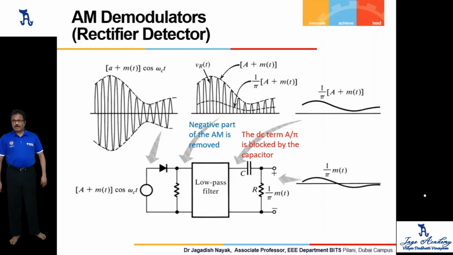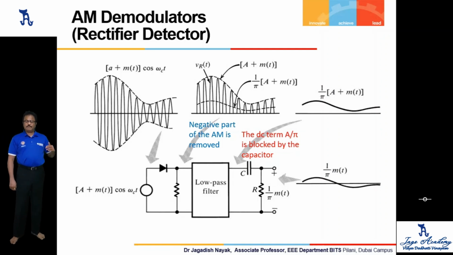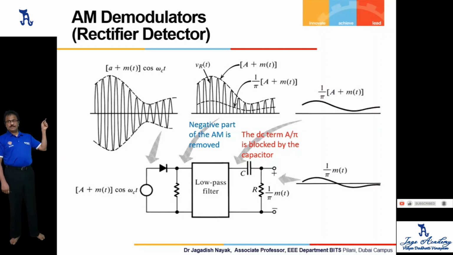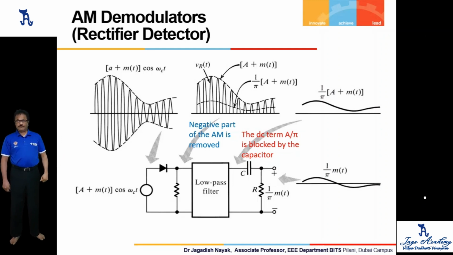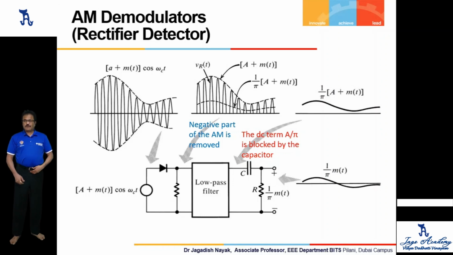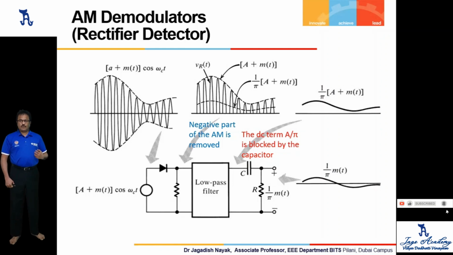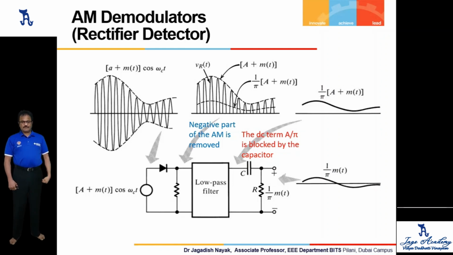Now what is required in this is nothing but the peaks. The peaks are required because those peaks represent the demodulated wave, right? Now see, we are passing this through a low pass filter. Why are we passing this through a low pass filter? Because we are supposed to extract only the baseband signal.